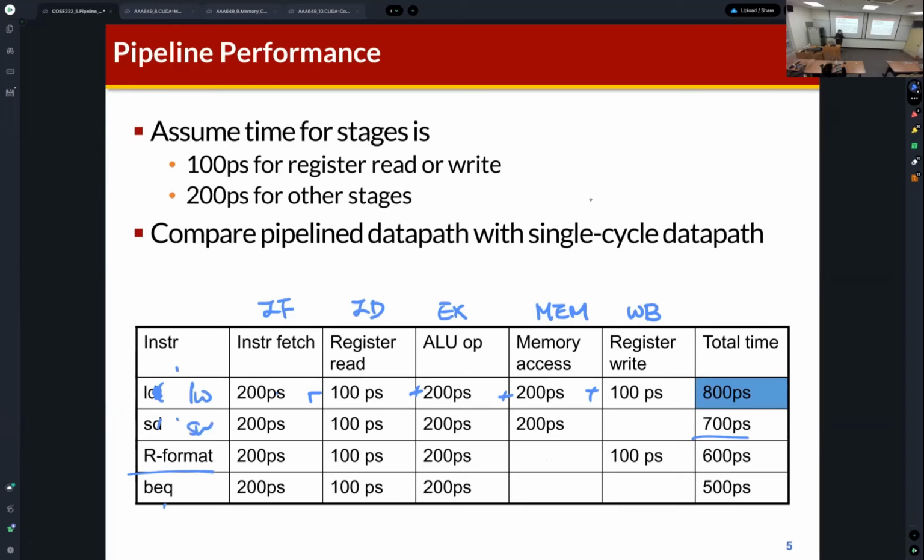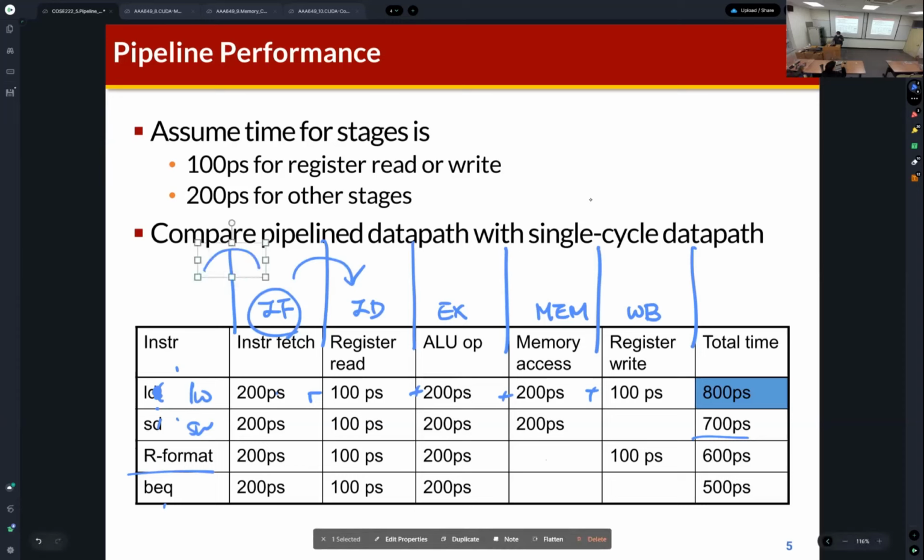If a pipeline idea is applied, we can split these 5 steps into the 5 stages of the pipeline architecture. Then when the first step of an instruction is completed, it is given to the next stage, and the next instruction can be given to the first stage of the pipeline.